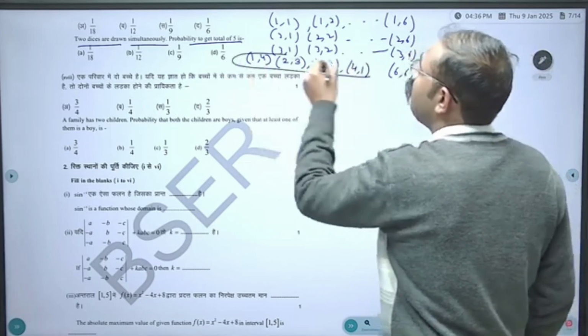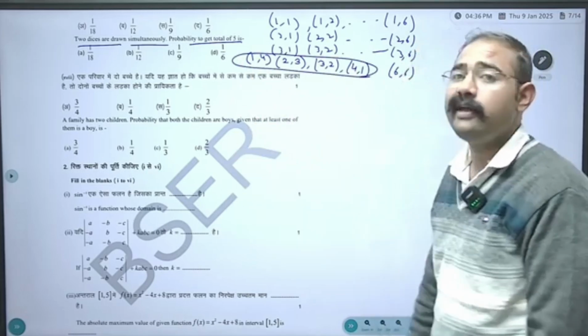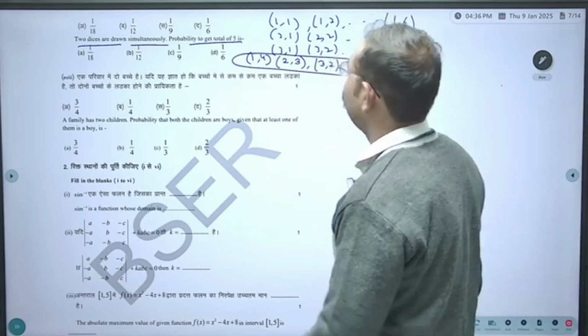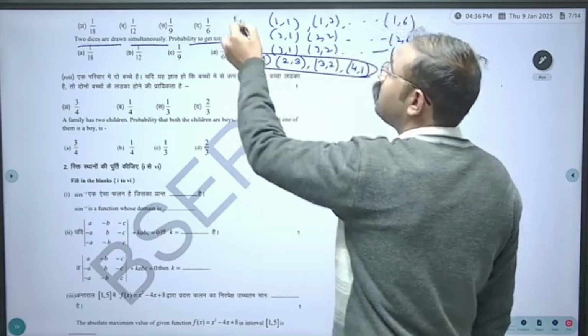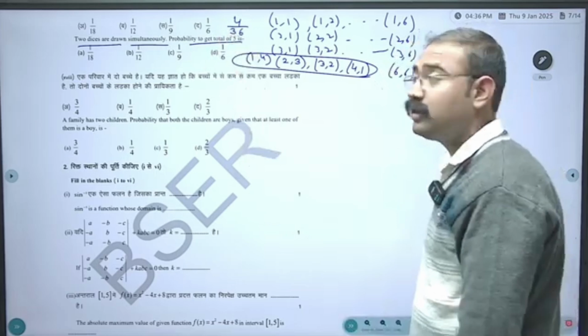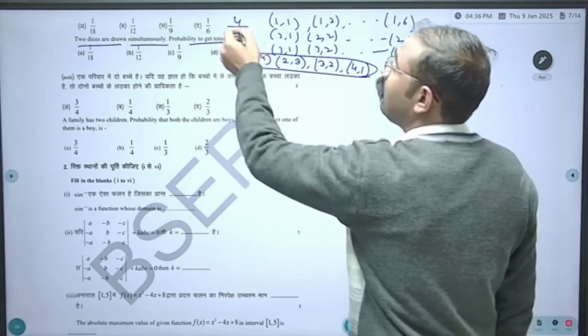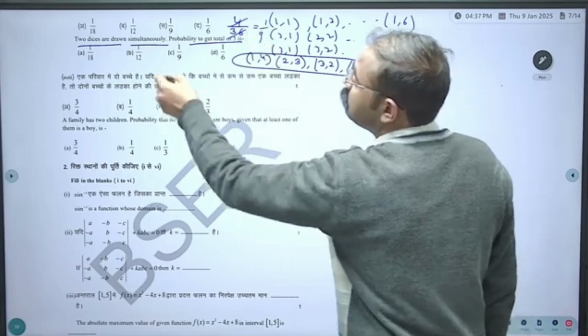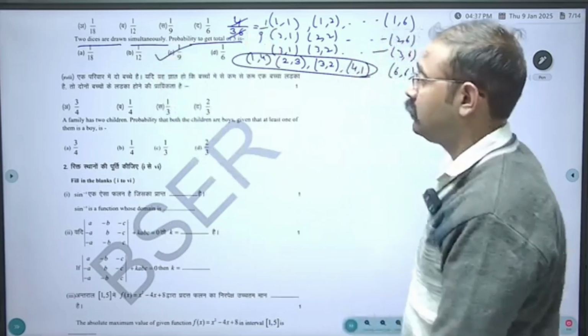By these 4 ways we can get sum as 5. So our favorable outcomes are 4 and total number of outcomes, when we throw 2 dice, is 36. By simplifying, 4 by 36, 1/9 is our correct answer.